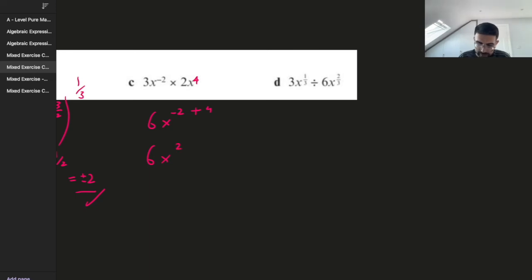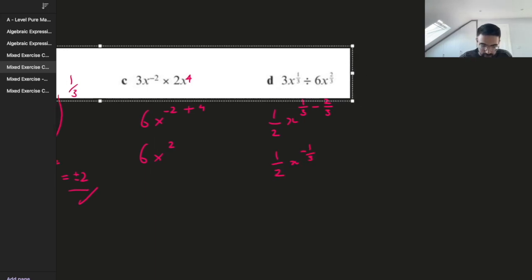For part D, we can do a similar sort of trick. So we have 3 divided by 6 is a half straight away. So I'm going to write a half, and this is going to be x. And then we just need to deal with the fraction. So it's going to be 1 over 3 minus 2 over 3, which means it's a half x to the minus a third.